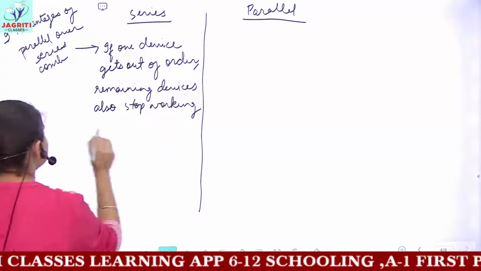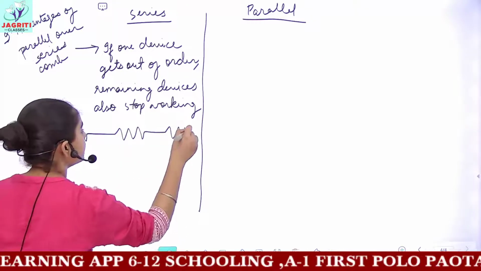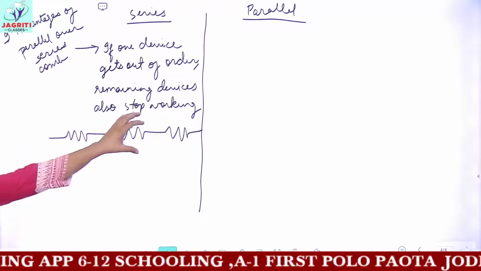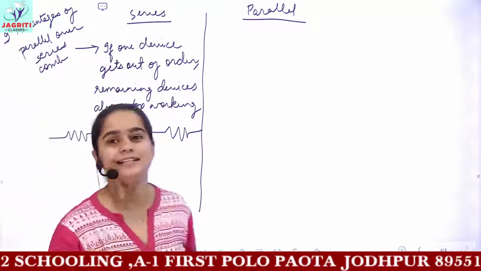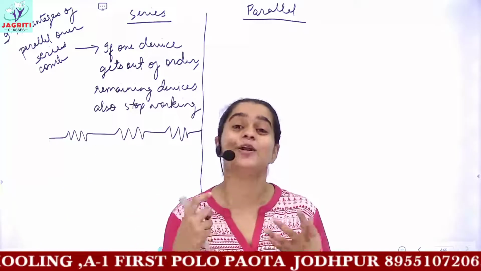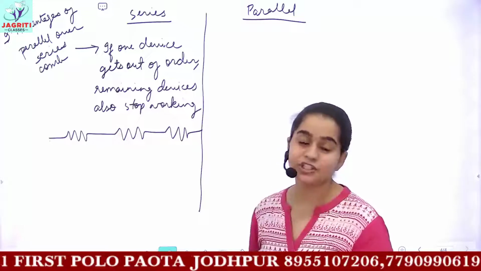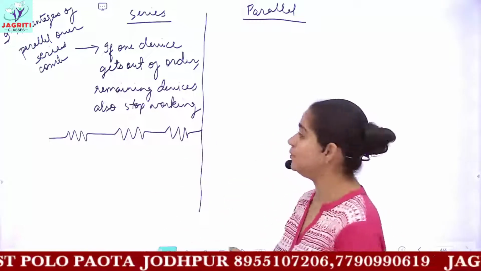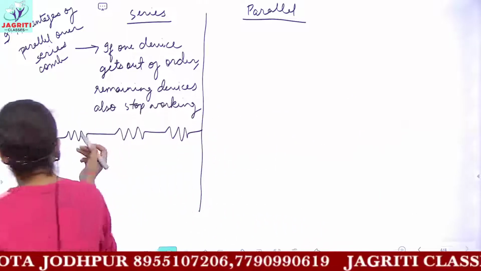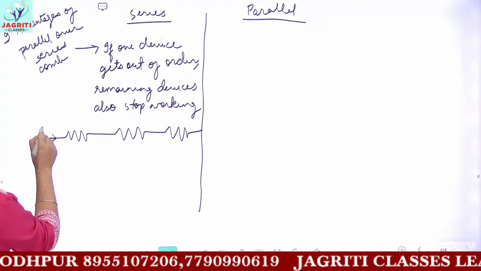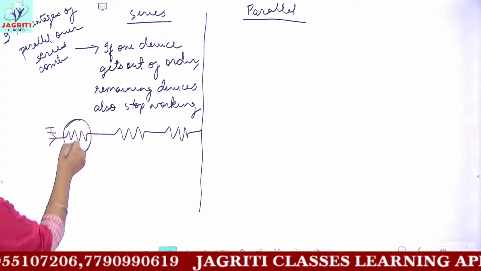Why? Let's see, you have one device, here you have the next one, here you have the third one. All these are resistors, present inside your electric appliances. Let's suppose you have 3 devices connected in series, and for one reason or another, due to high voltage or high current, this device got burnt.